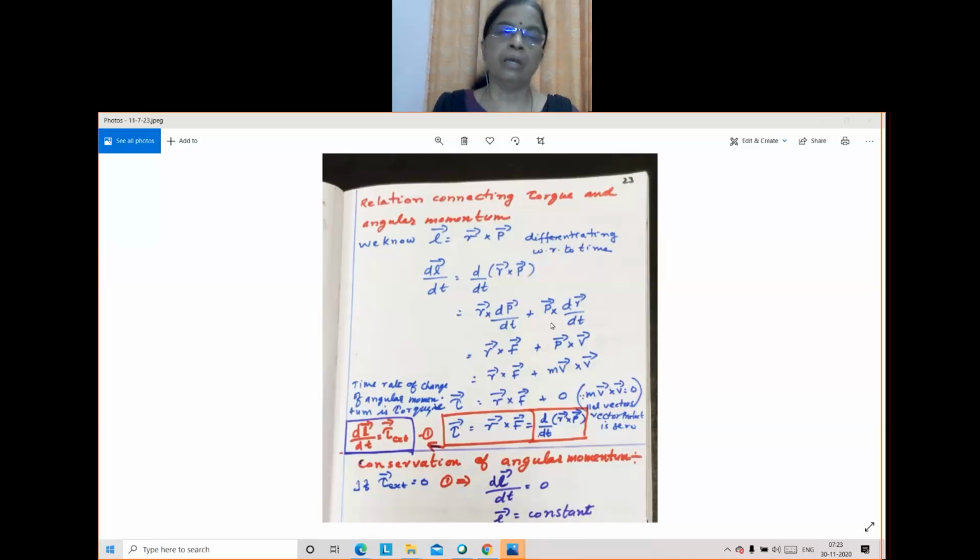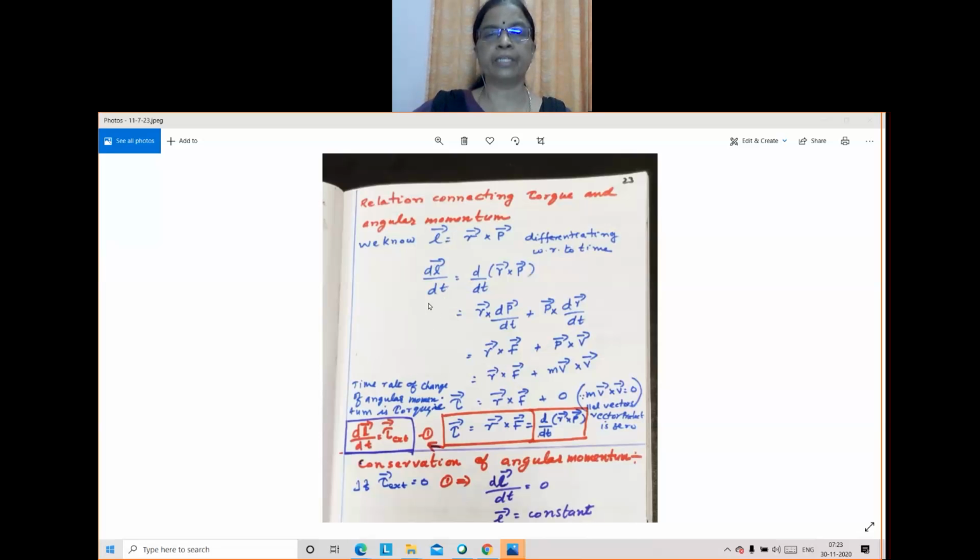Similarly, we have to find the relation between angular momentum and torque. For that, we start with the equation we just got: vector L equals vector R cross P. Then we differentiate this equation with respect to time, so dL by dt.